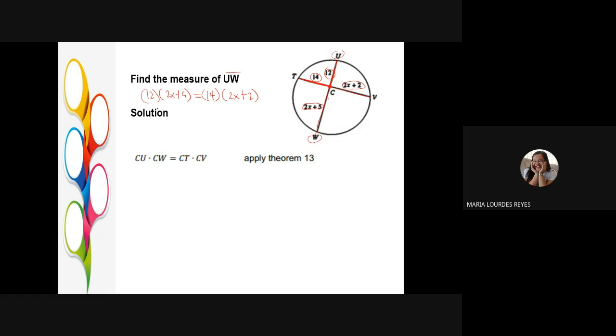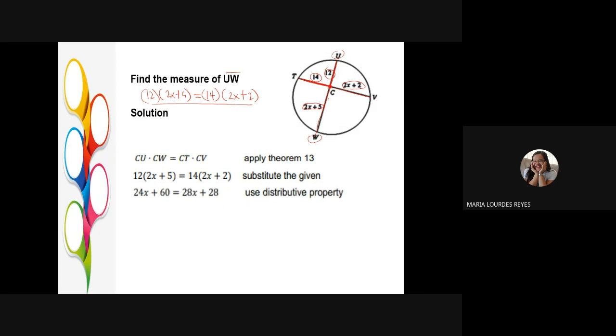So it's the same as what I have written here. Once you substitute, CU is 12, CW, follow nyo lang yung mga letters, that's 2x plus 5, CT is 14, while CV is 2x plus 2.